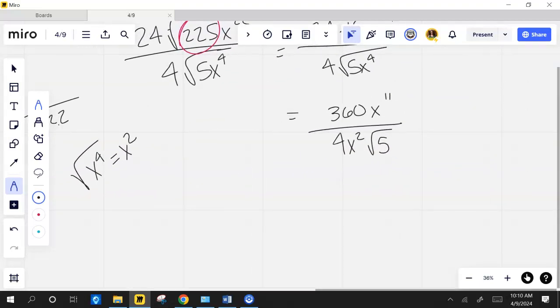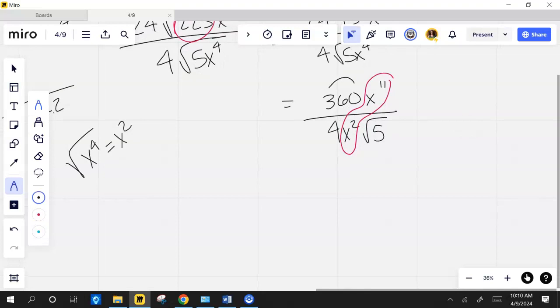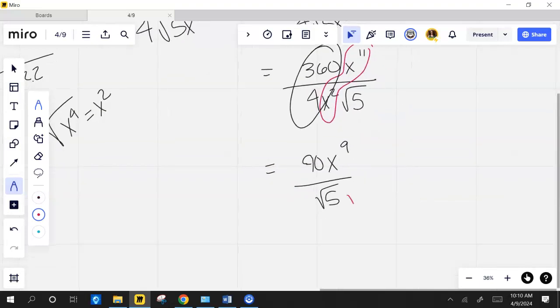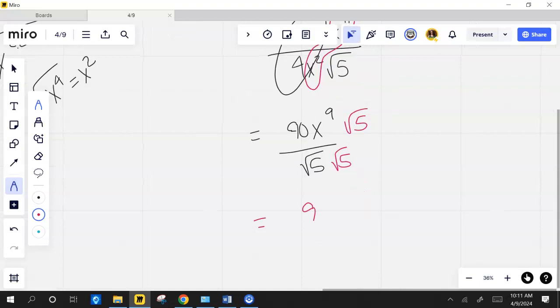All right, I'm still not done because I have to rationalize here, right? All right, and actually, I might simplify this before I rationalize. What does that become? So I've got, and how about 360 divided by 4? So I got 90x squared over 4... 9 over square root of 5. Yes? Now I can multiply by square root of 5 top and bottom. So I end up with 90x 9 root 5 over 5.